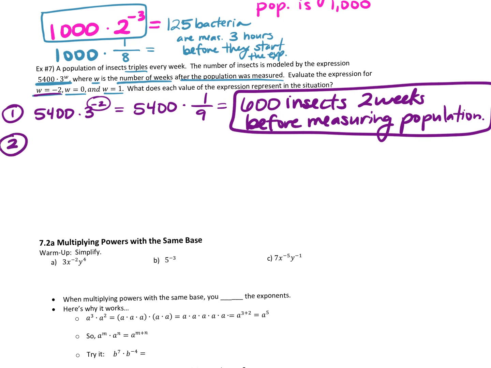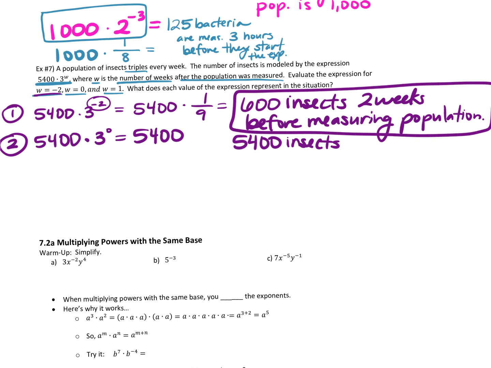The second one then, now you're gonna plug in the 0. So 5,400 times 3 to the 0 power. What is 3 to the 0 power? What is anything to the 0 power? 1. So 5,400 times 1 is 5,400. So there are 5,400 insects at what point in this project?